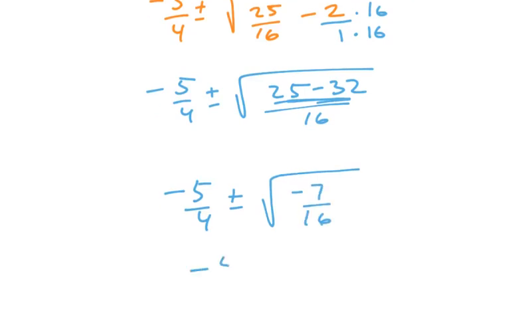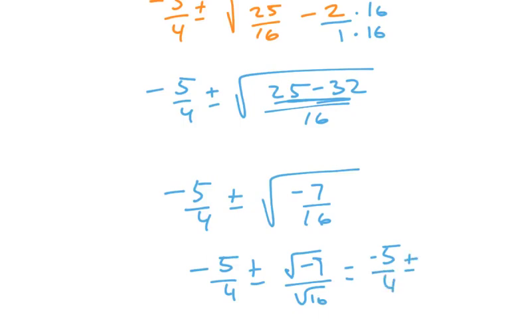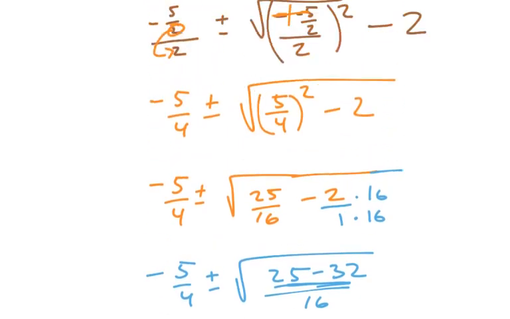This breaks down to negative 5 over 4 plus or minus the square root of negative 7 over the square root of 16, which becomes negative 5 over 4 plus or minus i square root 7 over 4. Remember, when we take the square root of a negative number, an i goes in front. You could also write it as negative 5 plus or minus i square root 7, all over 4. And you have your answer, which is easier than doing the quadratic formula.